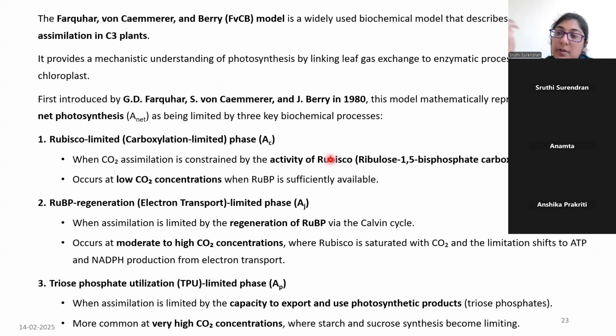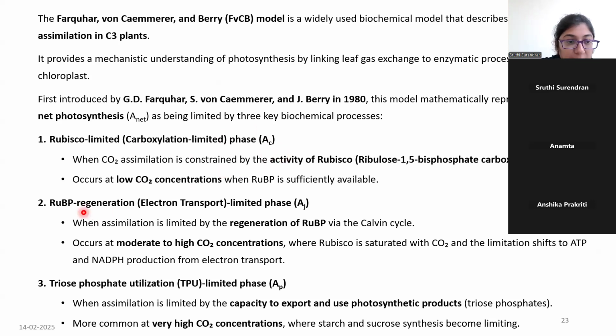So irrespective of how much carbon dioxide or RuBP is available, if the activity of Rubisco is not sufficient, carbon dioxide fixation is not going to happen, which is an important process in photosynthesis. It is represented by the notation AC in all of the equations that we are going to study.